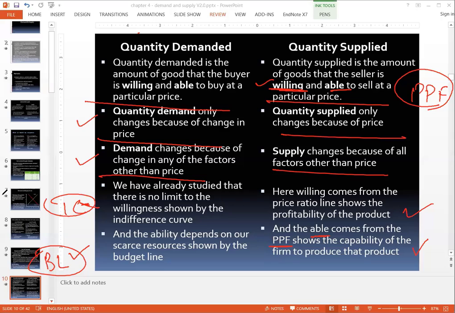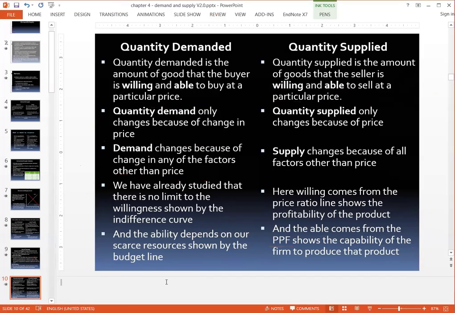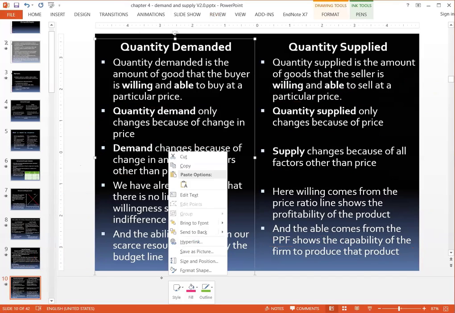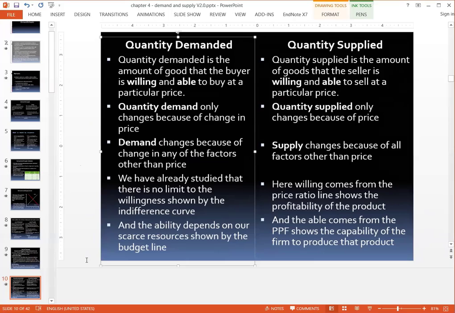So what's the definition of demand? Let us clear the screen. So I will give you a definition of demand here.